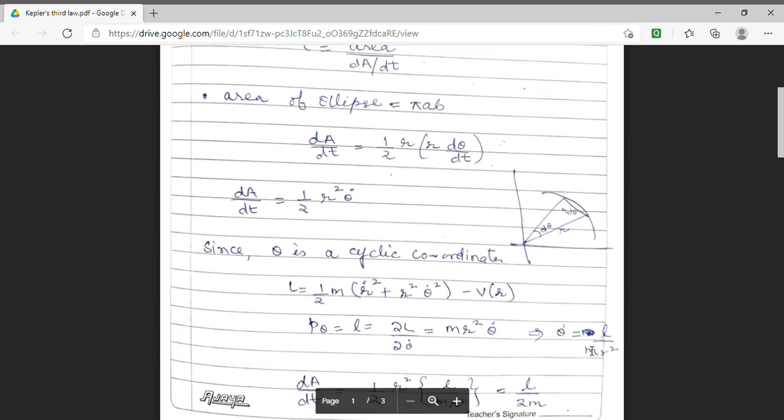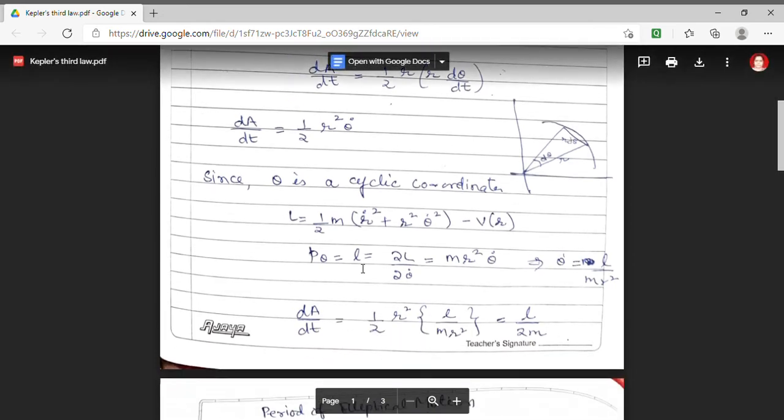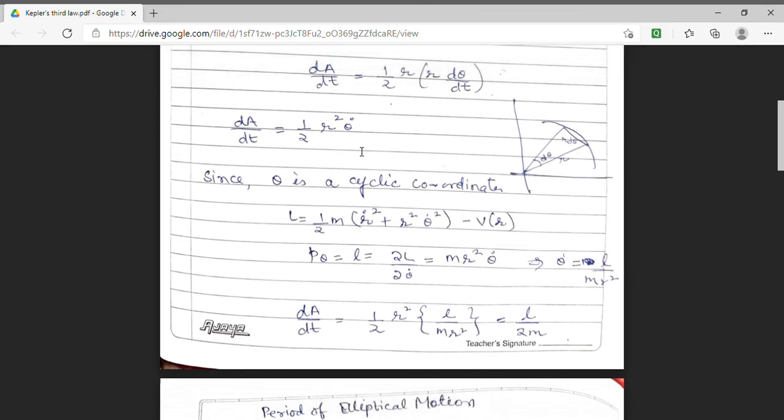Obtaining the value of theta dot, I am obtaining the value of dA upon dt, that is the rate of sweeping the area. The rate of sweeping the area was half r square theta dot, and putting the value of theta dot as l by m r square, my dA by dt comes out to be l by 2m. So we have determined dA upon dt.